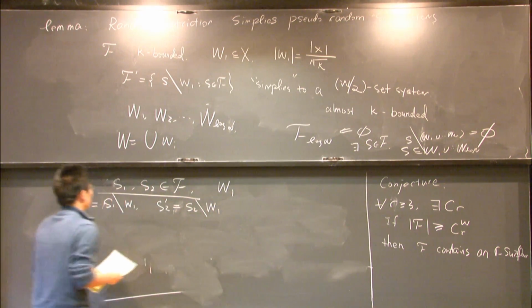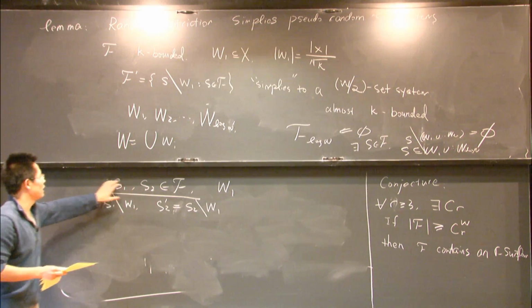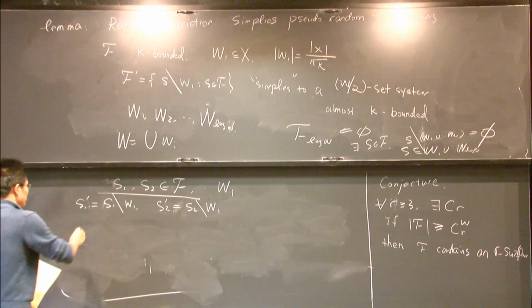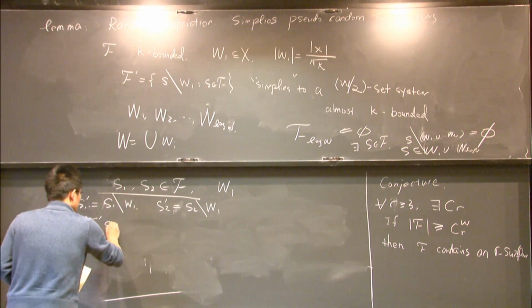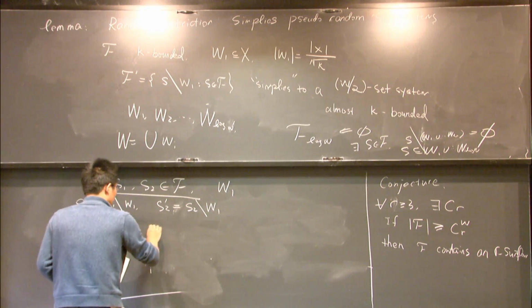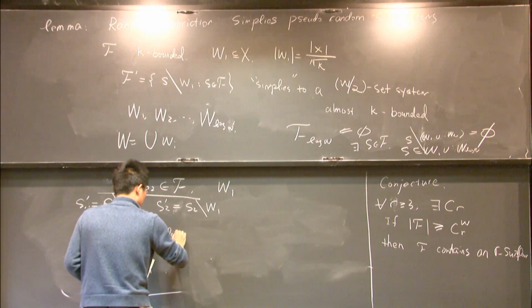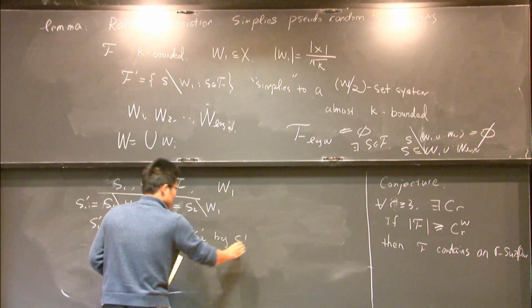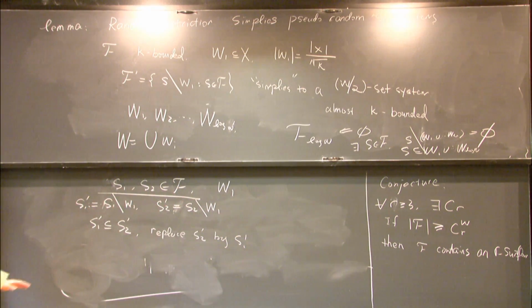By definition, S1, S2 will become S1 prime and S2 prime. The simple observation is that if S1 prime is a subset of S2 prime, then we can replace S2 prime by S1 prime. It does not change the satisfying probability.